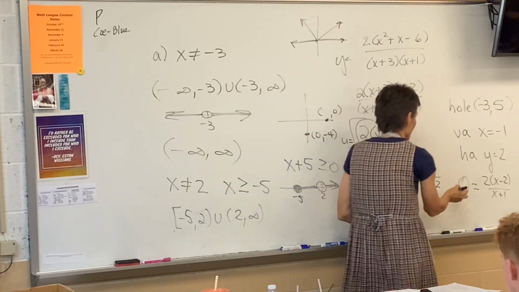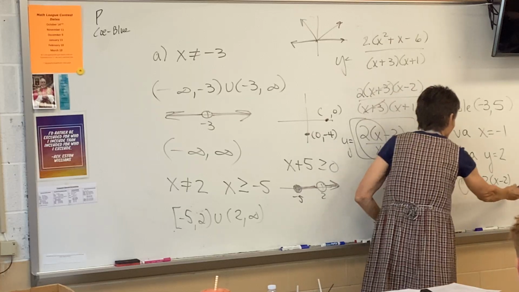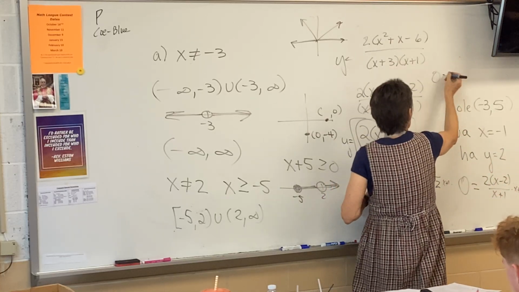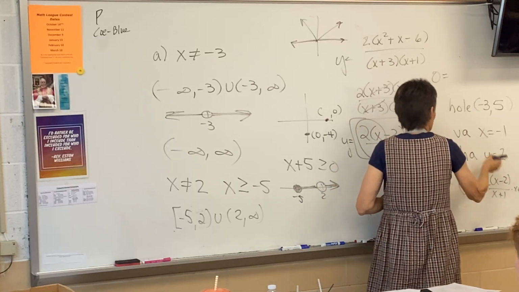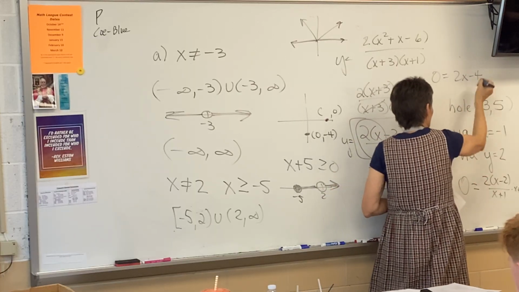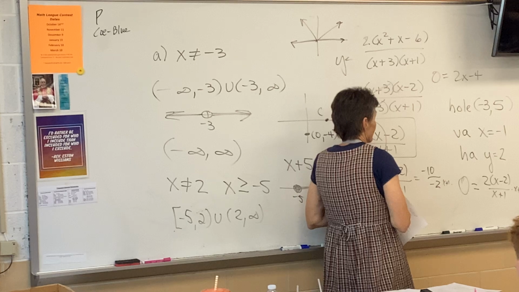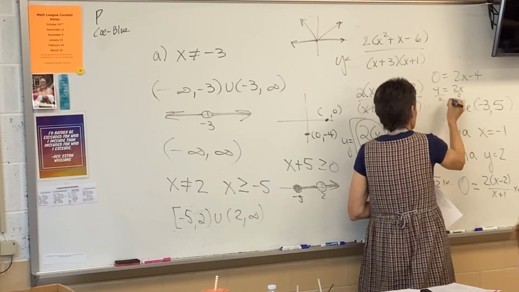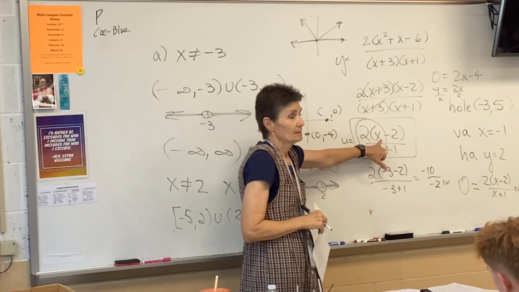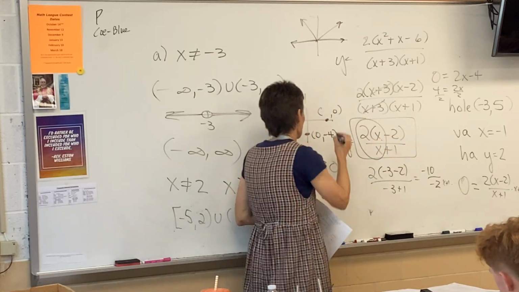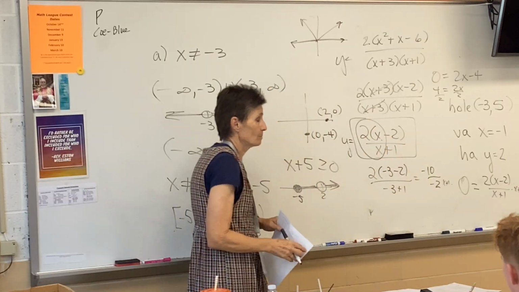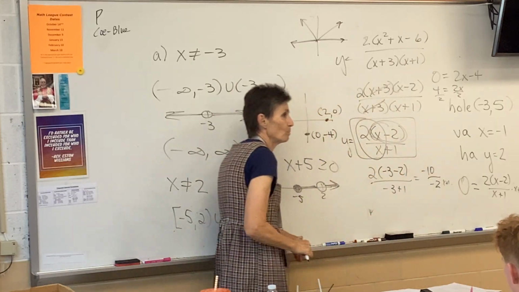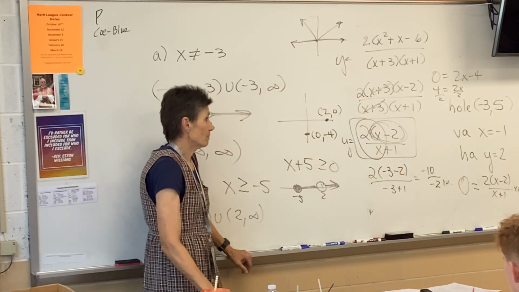So I'm going to multiply both sides by x plus 1. So 0 equals 2x minus 4. Add 4, divide by 2, it looks like my x-intercept is at 2, comma 0. Your x-intercept is always going to come from right here, right from the numerator.